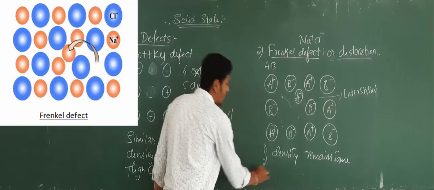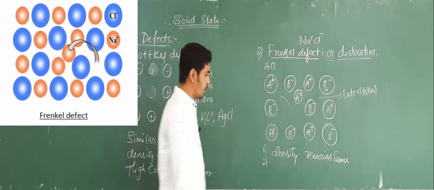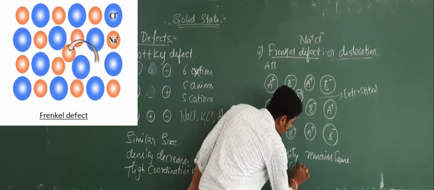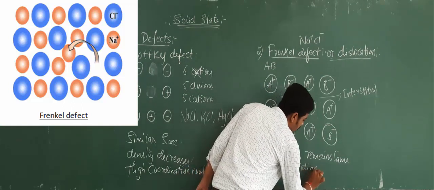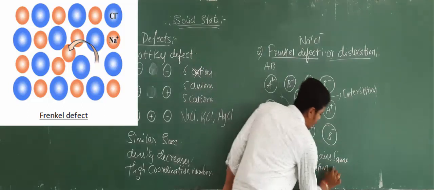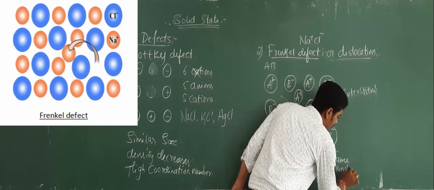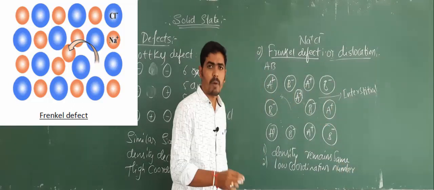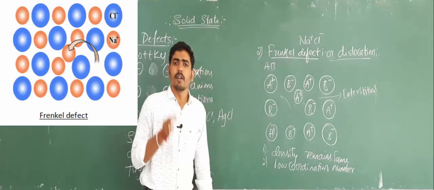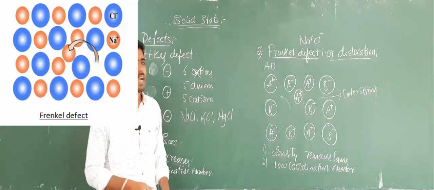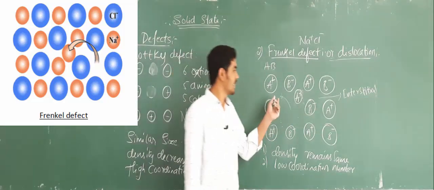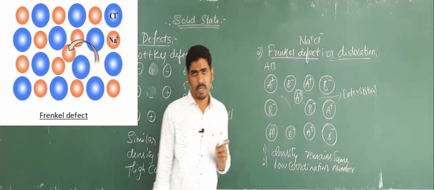Then this kind of defect can be found in crystals having low coordination number, because when crystals have low coordination number, the number of particles surrounding each constituent particle is less, and hence there will be an empty space, that is nothing but interstitial space.